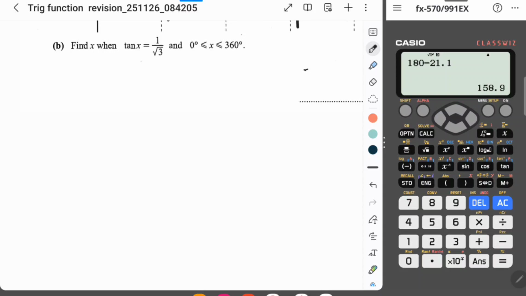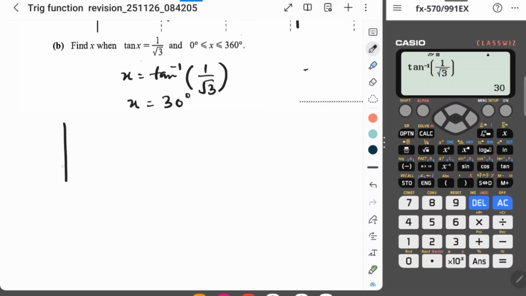Now this question, tan x equals 1 upon square root 3. So x equals tan inverse 1 upon square root 3. You are getting 30 degrees.